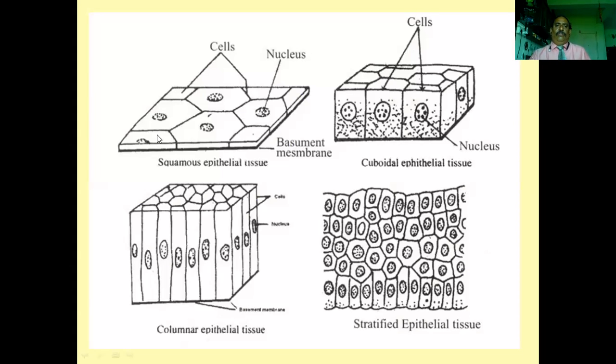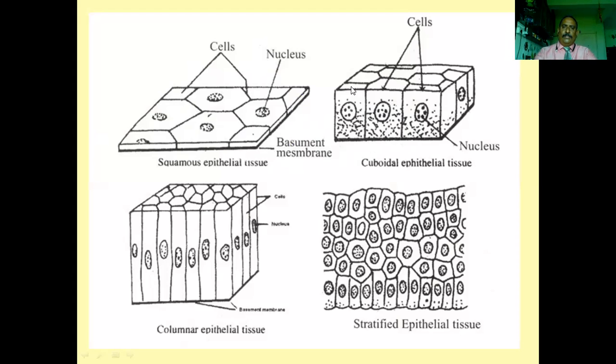Okay. I just want to explain with images. These are the cells, and this is the nucleus. This is the basement membrane. These are the squamous cells, so they are flat cells.